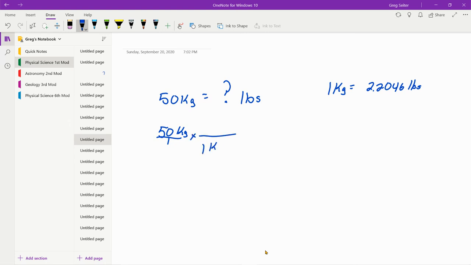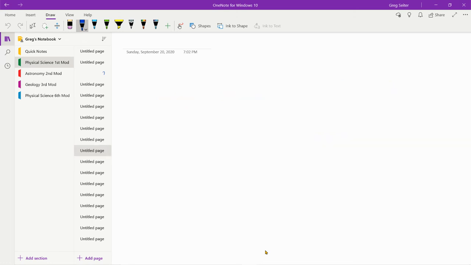We want kilograms on the bottom, so they cancel out. 2.2046 pounds. Cancel these out. Again, multiply straight across. Okay, and you'll get your answer in pounds. Well, we're getting down to the nitty gritty now. Number 10.